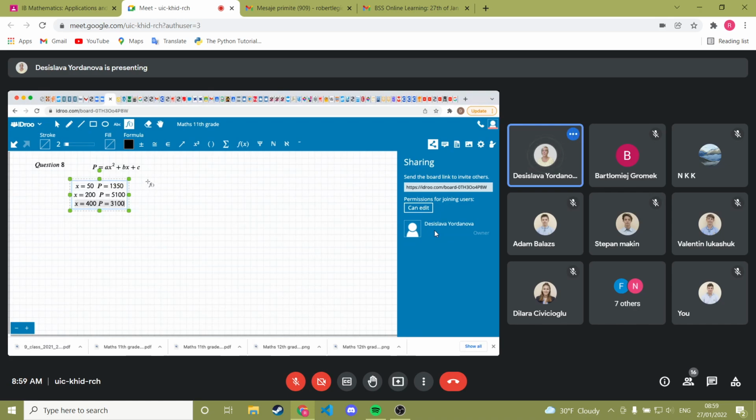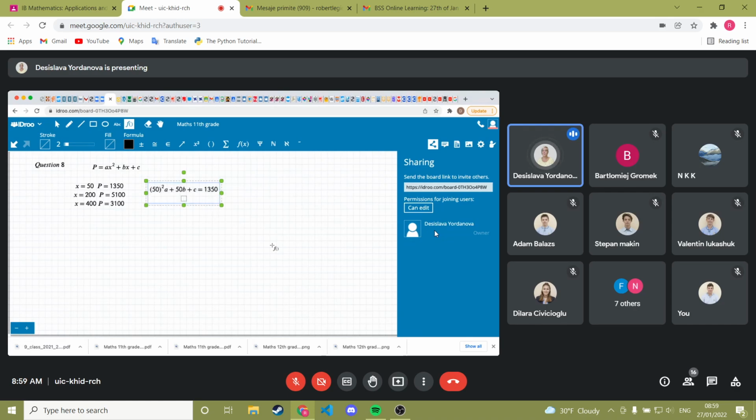So when we substitute the first pair, 50 and 1350, we will have that 50 squared times a plus 50 times b, sorry, plus c will be equal to 1350.